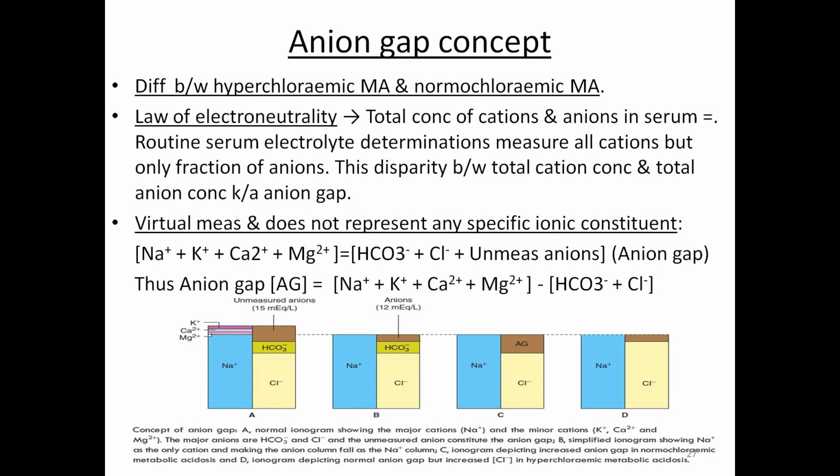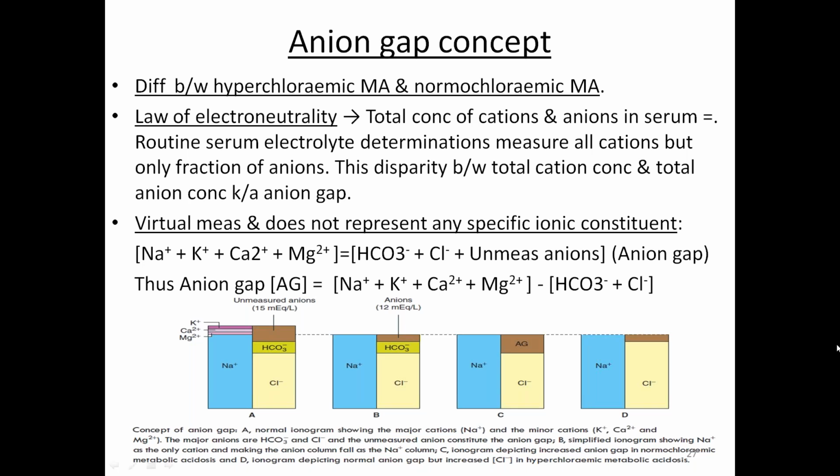Your law of electroneutrality states that the total concentration of cations and anions in serum is equal. The routine serum electrolyte determination measures all the cations, but only a fraction of anions. This disparity between the total cation concentration and total anion concentration is called the anion gap.